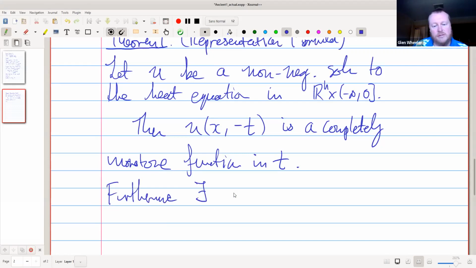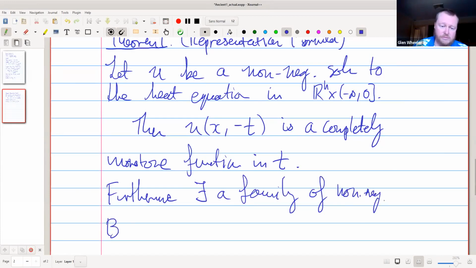there exists a family of non-negative Borel measures, we'll call them mu, and they're parameterized by an s.